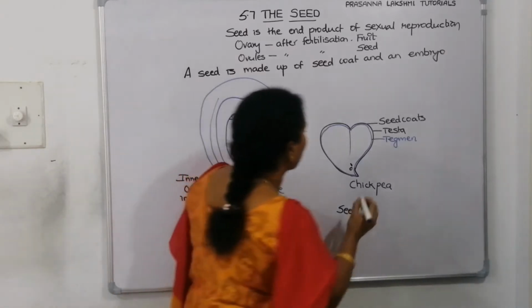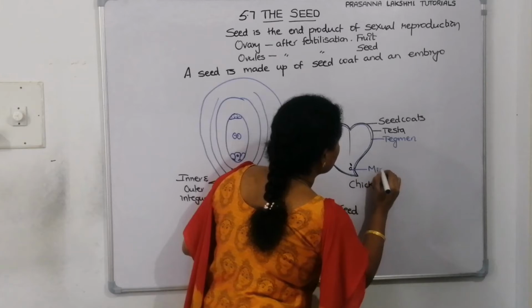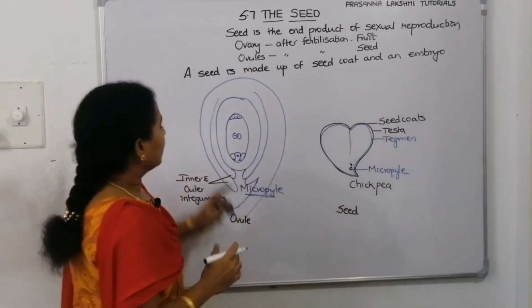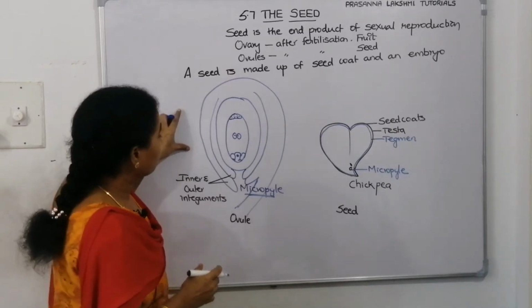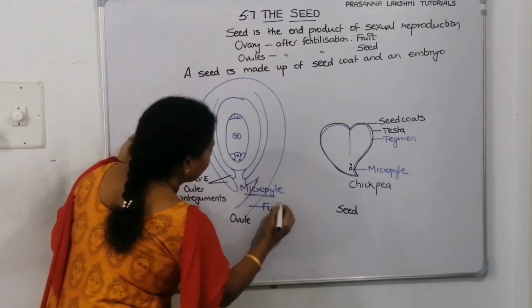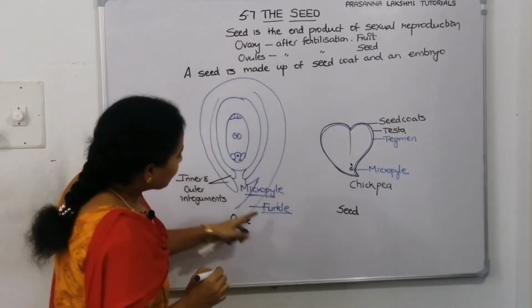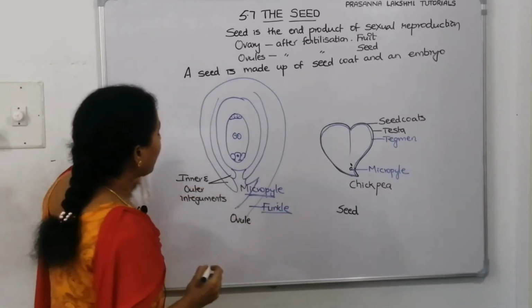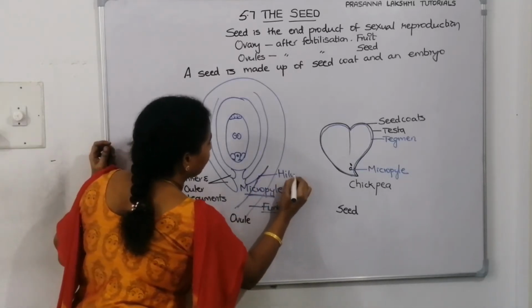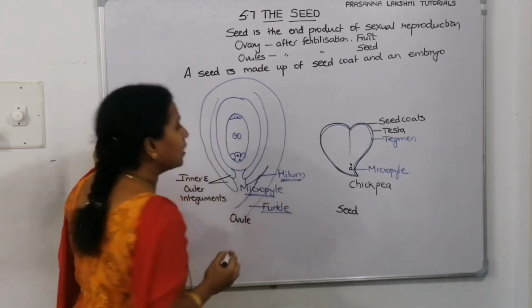Here in the seed also we can see the micropyle. And this is the body of the ovule. This is the stalk. The stalk of the ovule is called funicle. The stalk fuses with the body at a junction which is called hilum.